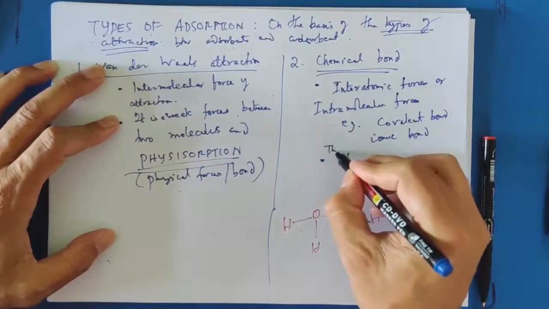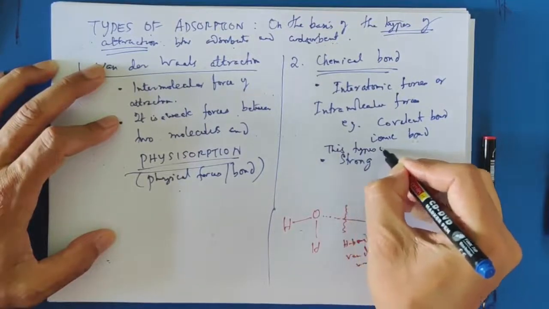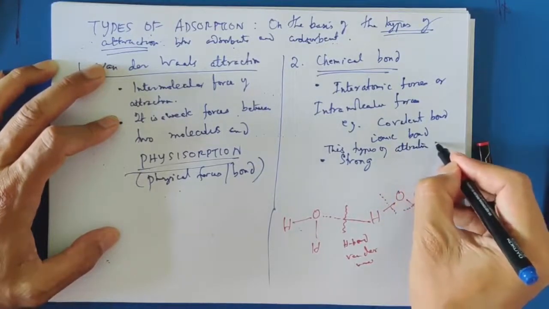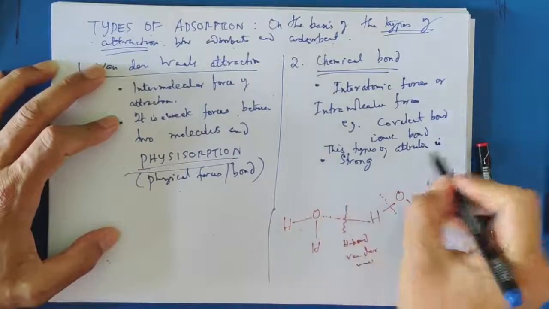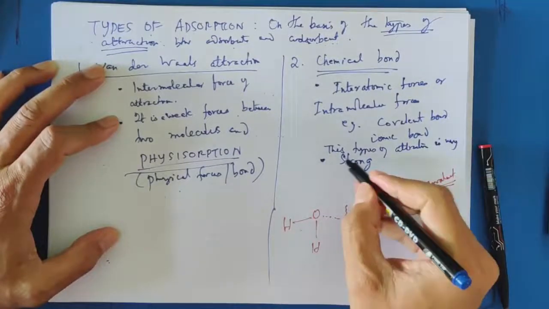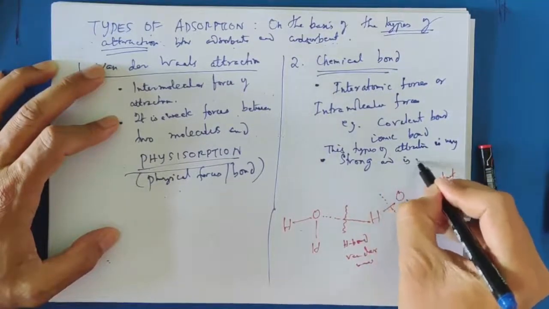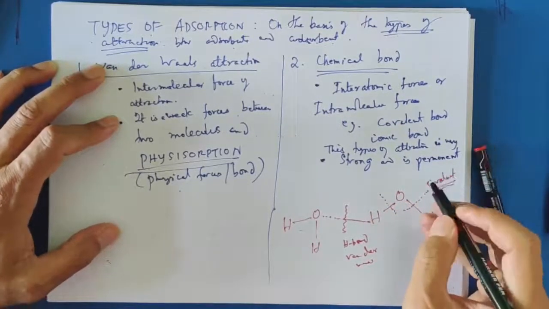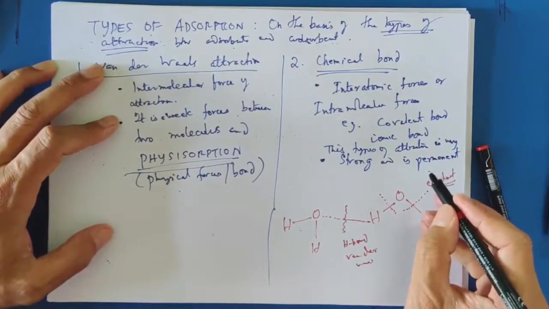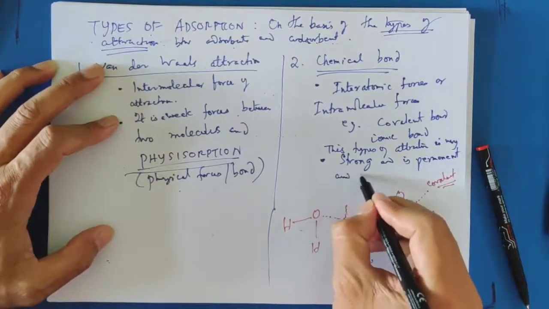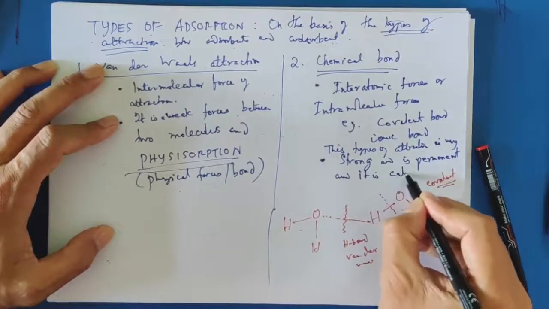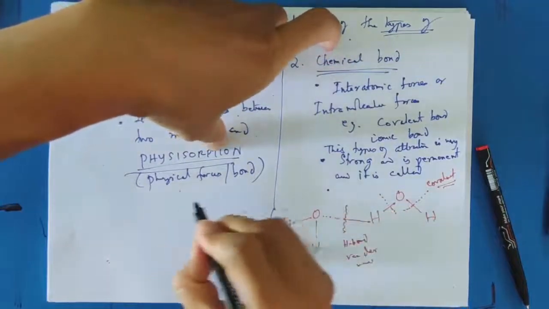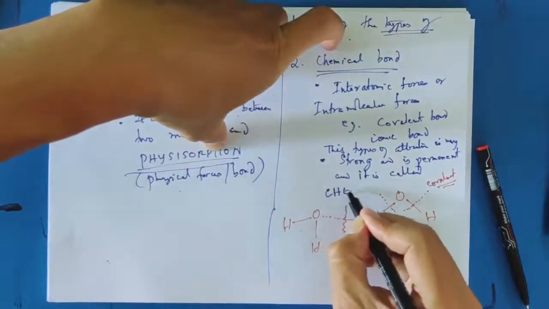This type of attraction is very strong, and it is permanent, and therefore it is called chemical bond. So this sorption is chemisorption.